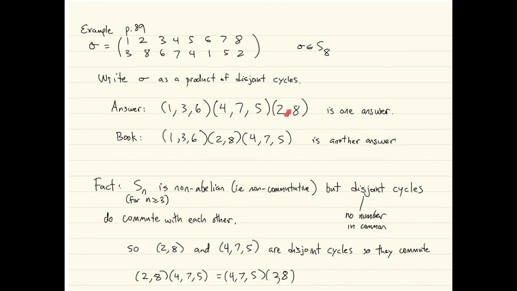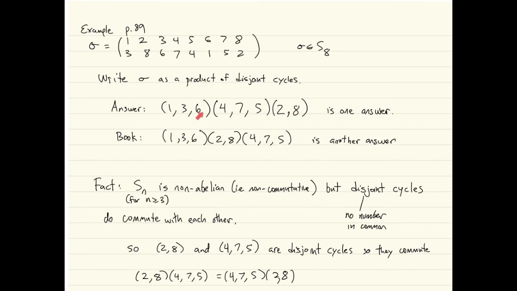Again, there is some ambiguity in the cycle notation, not a whole lot, namely that you can cyclically permute the cycles. And also, disjoint cycles are commutative, and so the order that you list these disjoint cycles in doesn't matter. For example, the book's answer was this, and it is the same element that we found. Why is it the same element?